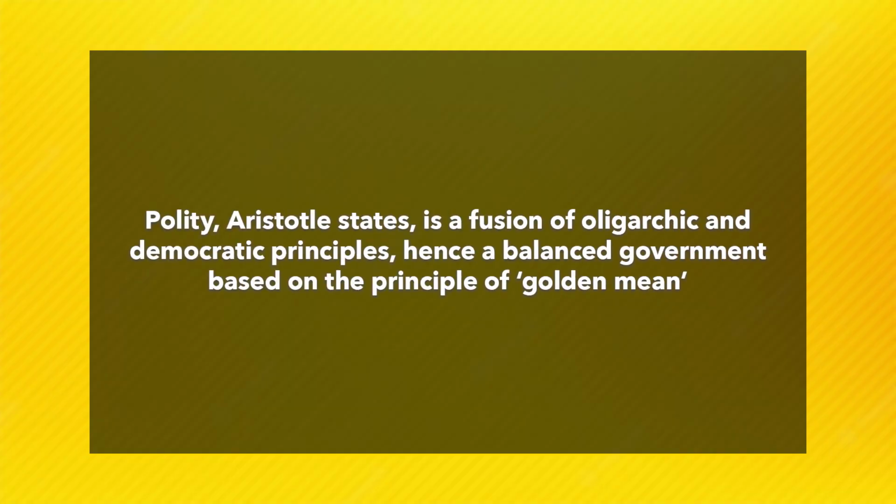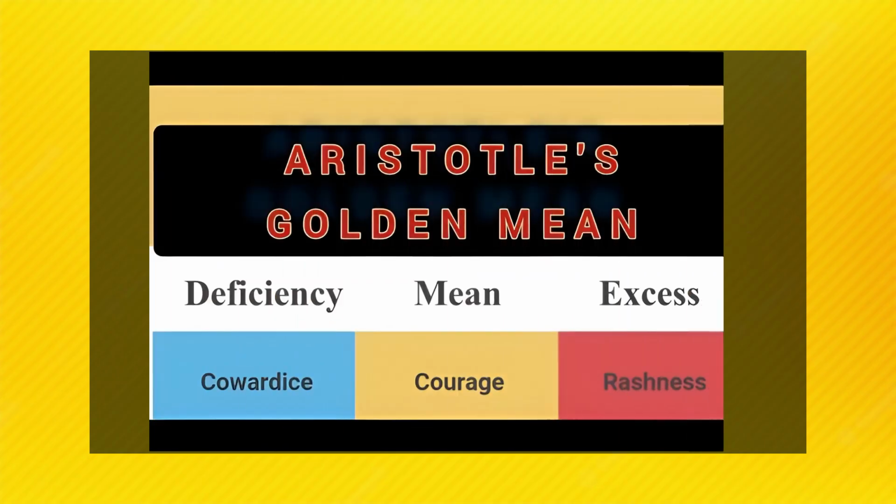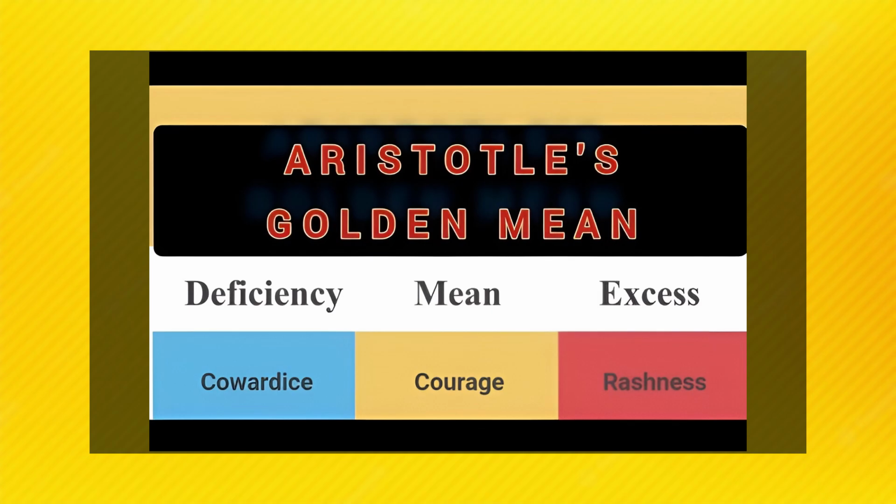Polity, Aristotle states, is a fusion of oligarchic and democratic principles, hence a balanced government based on the principle of golden mean. The social base for such a state is provided by a large middle class composed of those who are neither too rich nor too poor, but average, and it is this class that provides stability to the state.